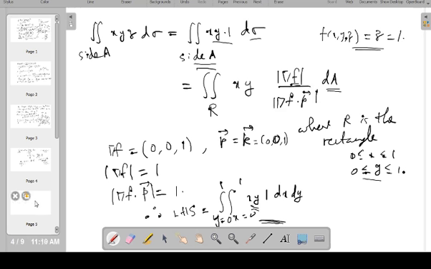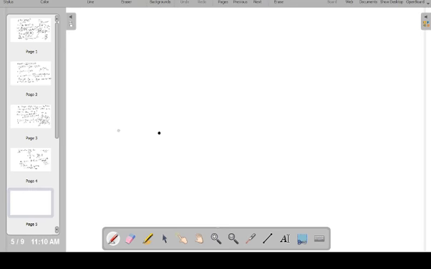So what you will get? x square by 2 into y between x equal to 0 to 1. So you have integrated with respect to x. Now the integral with respect to y remains. y varies from 0 to 1.